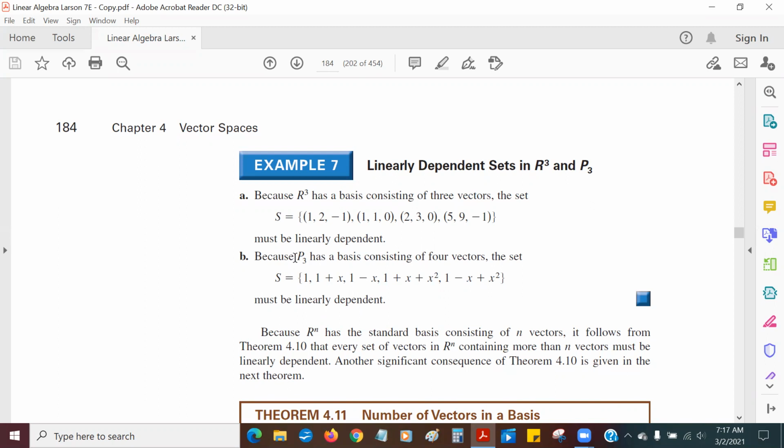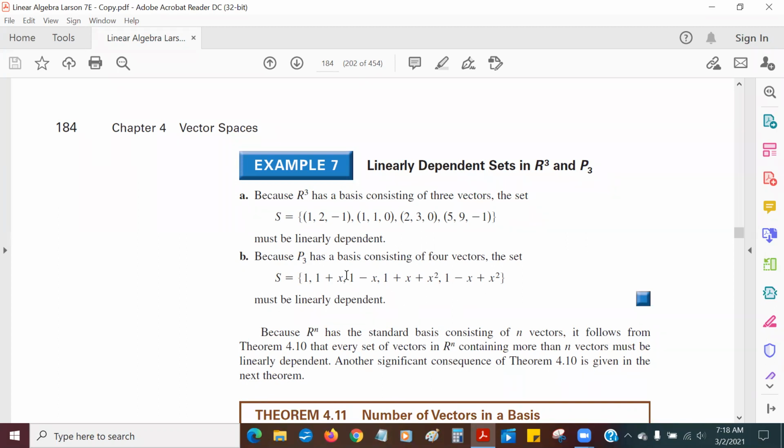And let's say P3. We know that it has a basis consisting of 4 vectors. We've seen it already: 1, x, x squared, x cubed. So this set here, it's hard to see, but you have to look at the commas: 1, 1 plus x, 1 minus x, 1 plus x squared, 1 minus x plus x squared.